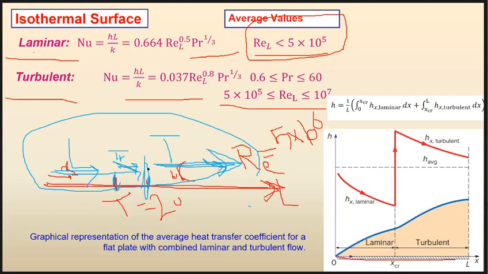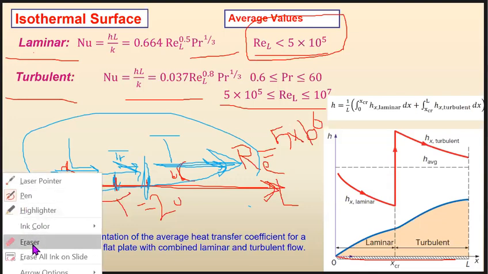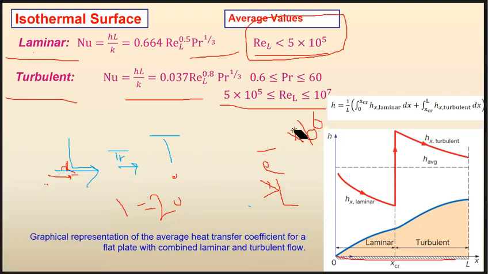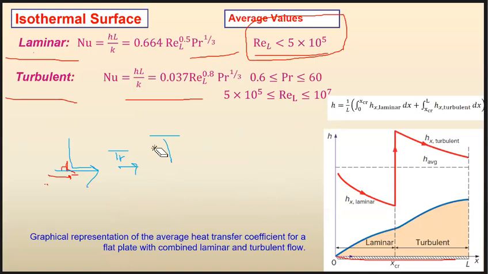That is not the case, but just for the sake of simplification. So whenever your Reynolds number is larger than 5 times 10 to the 5, and you want to calculate the average overall heat transfer coefficient, then you need to deal with both regimes.